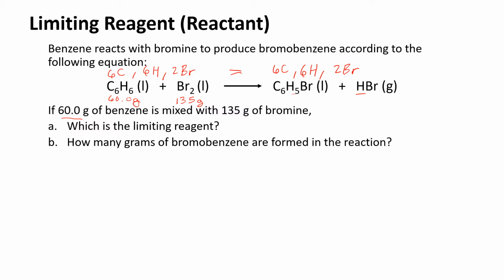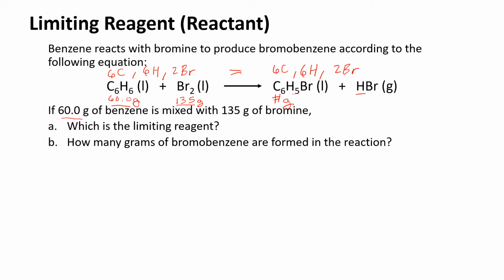We can go ahead and calculate how many grams of bromobenzene will produce from, say, 60 grams of benzene, and then we could do the same calculation with the 135 grams of bromine. Whichever one gives us the lowest number of grams of bromobenzene, that is going to be our limiting reagent.